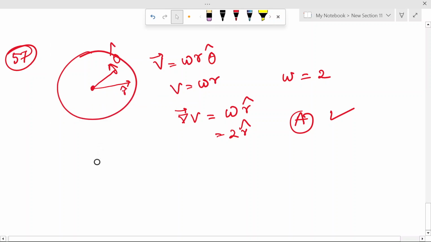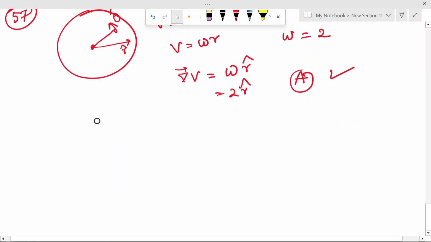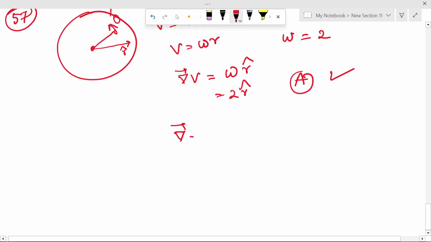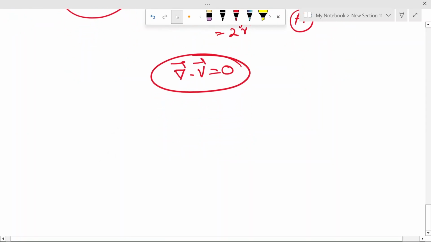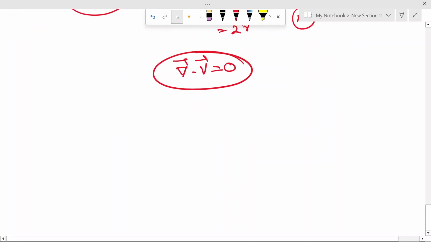There is some rotational symmetry, but nothing is compressing. You can also do the maths and see that the divergence of v should be 0 here, but the answer has been given as 2. So that should not be the answer. So B is wrong. Another option is the curl of V.